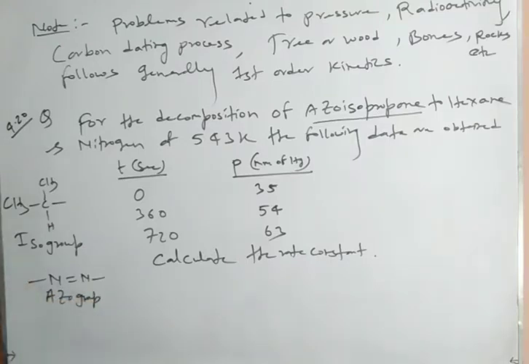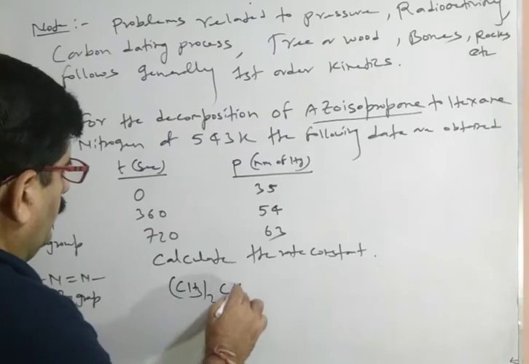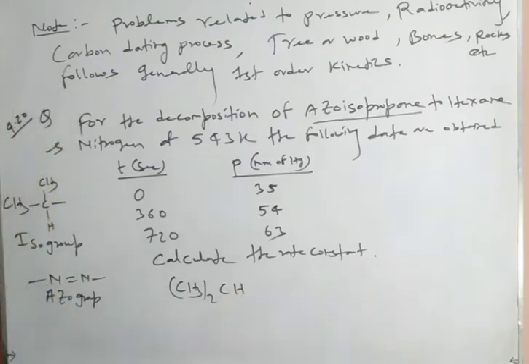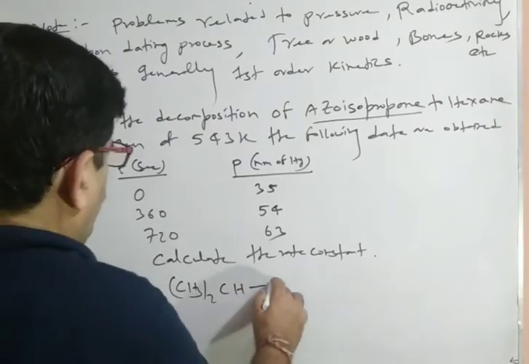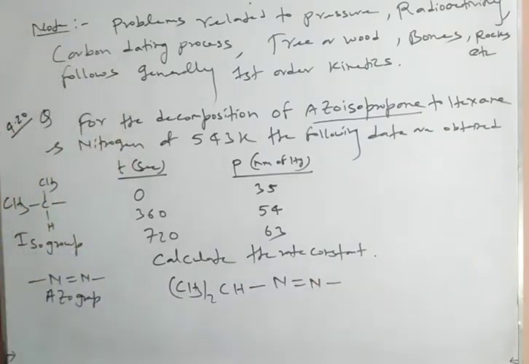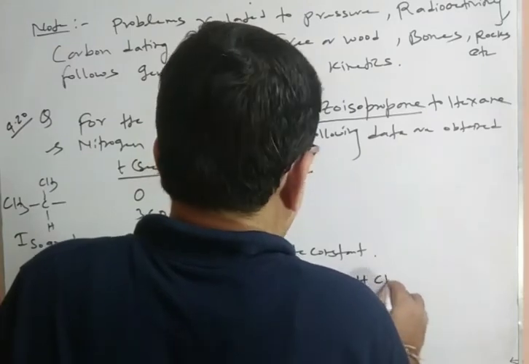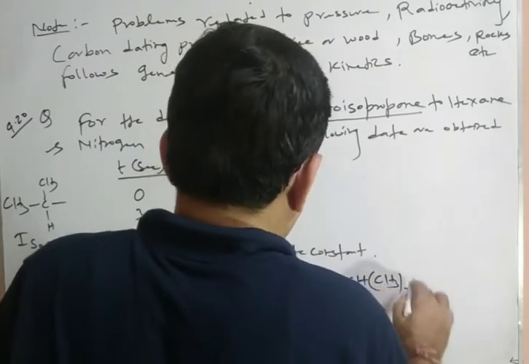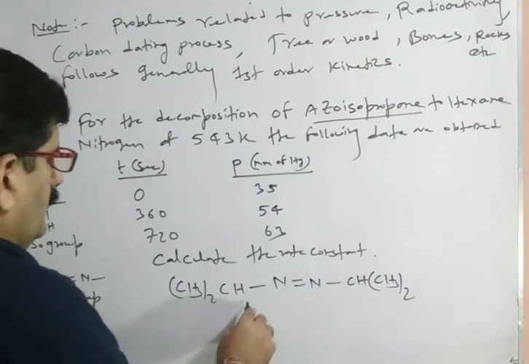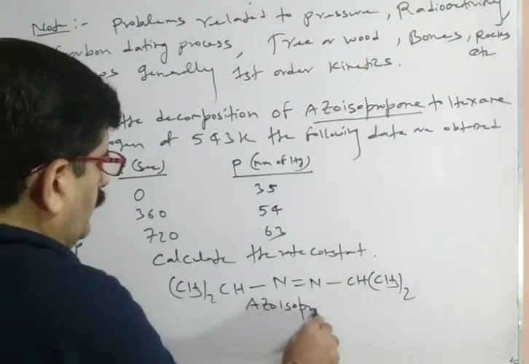So the formula of azoisopropane is CH3 whole twice CH, N double bond N, and again we can write CH3 whole twice CH. This is called what? Azoisopropane.